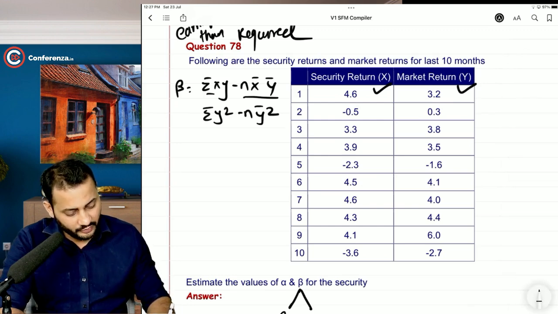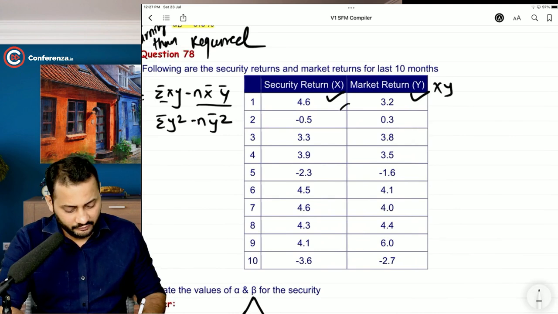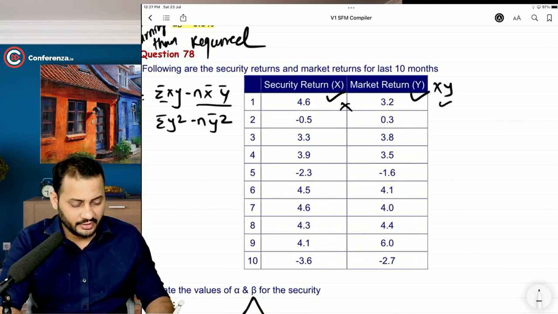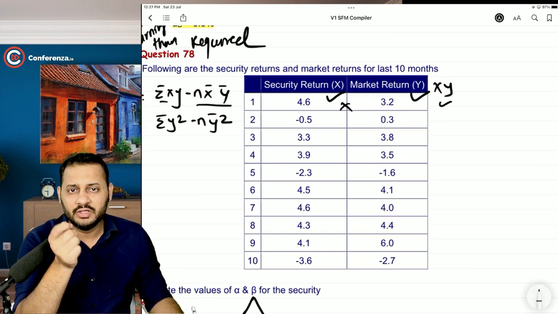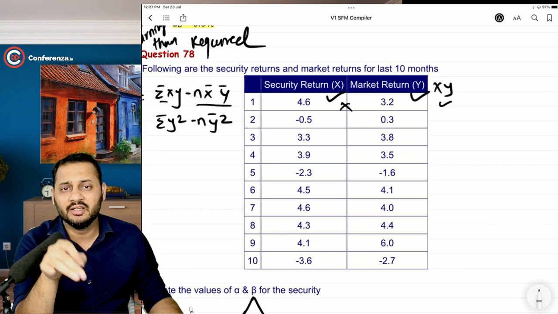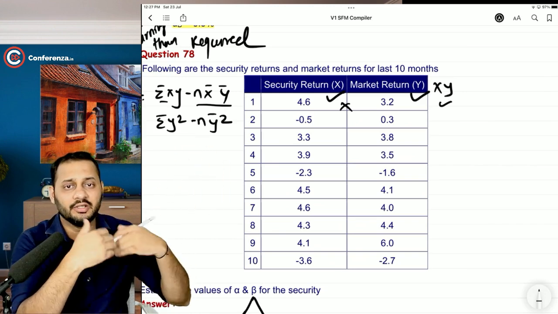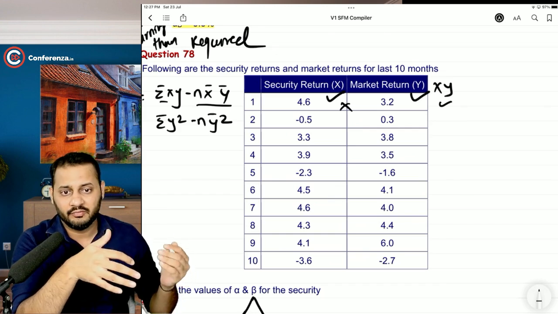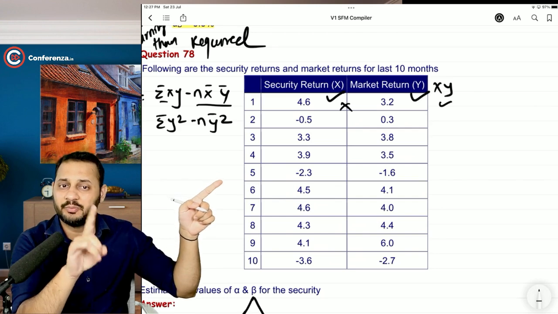First of all, you are going to create a column xy: multiply 4.6 with 3.2 and write it down here, and do the same for all the numbers. The only difficulty here will be the mistakes you can make with the negative signs. Minus 0.5 into 0.3, the answer should be negative, whereas minus 2.3 and minus 1.6, the answer should be positive.